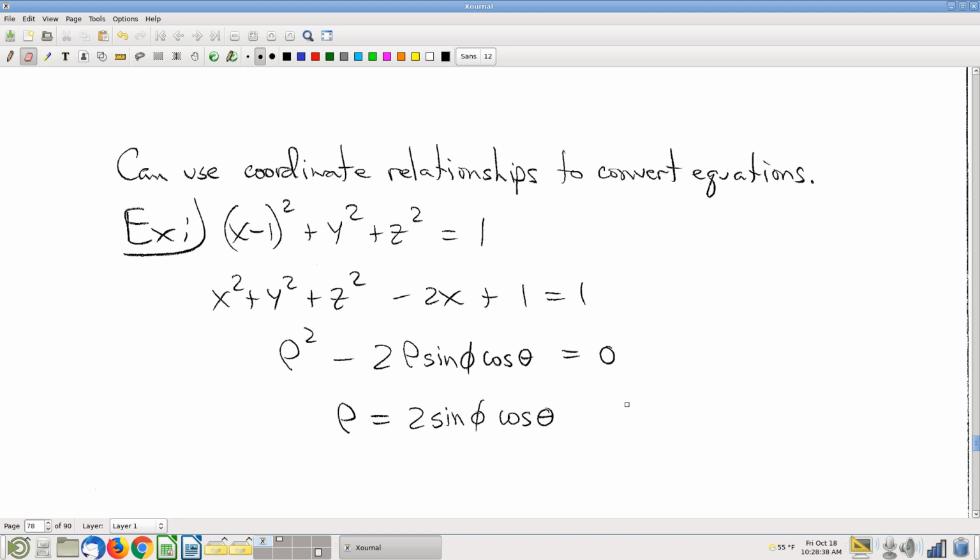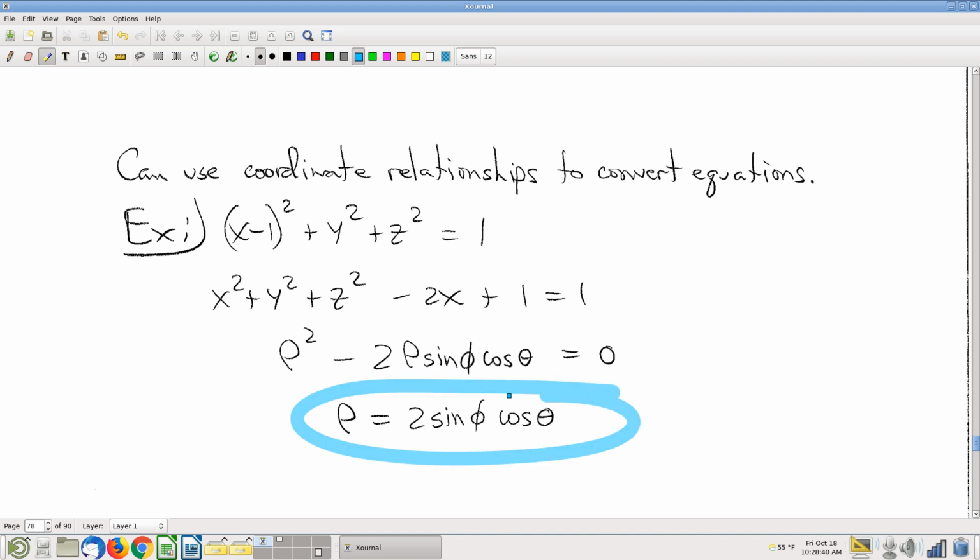Very often, it's useful to have rho as a function of phi and theta. We'll see better reasons for why that tends to be the case coming up real soon. But anyway, that's the technique. You want to make sure that you can do this. The algebra on this is not always identical, but it's something that's going to come up significantly very soon.